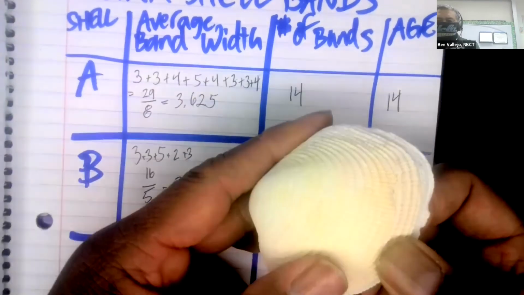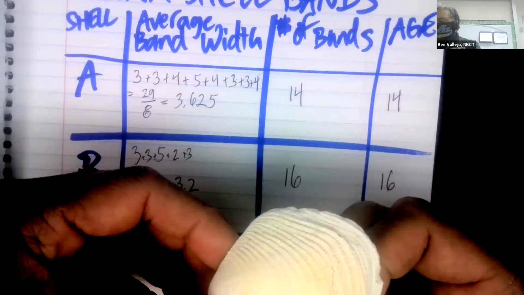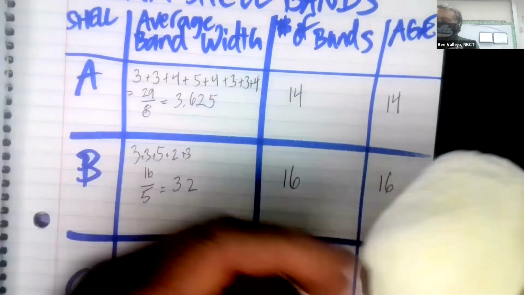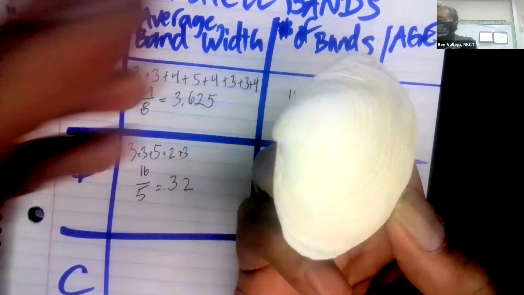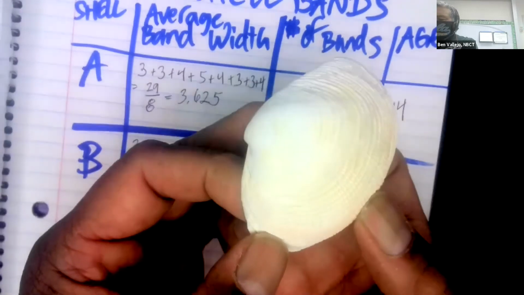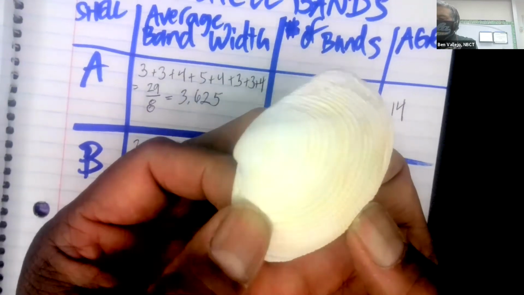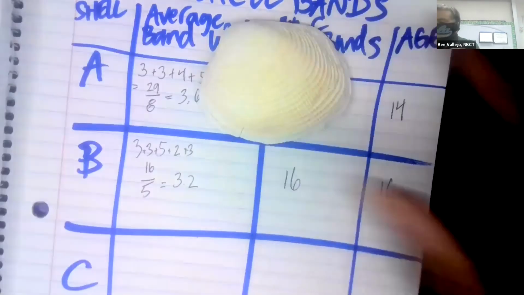I can feel it, but if you can see it, it looks like each of these is a band. But if you see it on the edge, see if it'll focus on that. 1, 2, 3, 4, 5, 6. And this whole other thing is 7. So this one only has 7, and it is smaller.